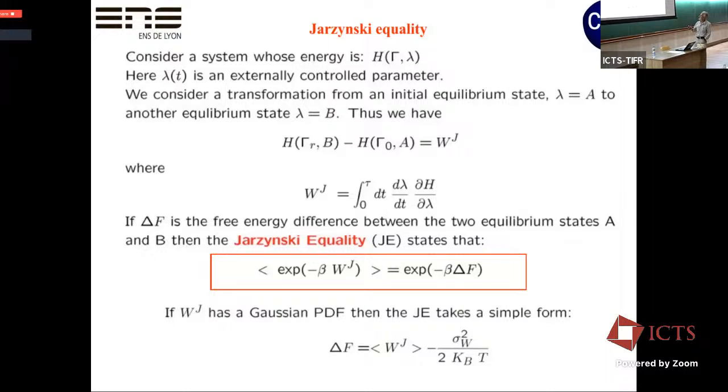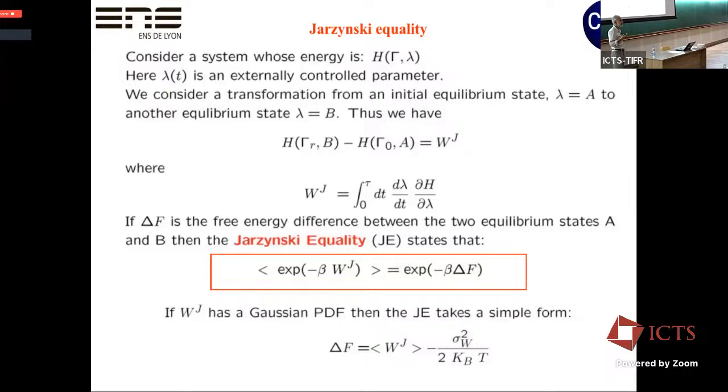We discussed the Jarzynski equality. It's a very useful method that allows you to measure the free energy difference between two states with protocols that can be as fast as you want.